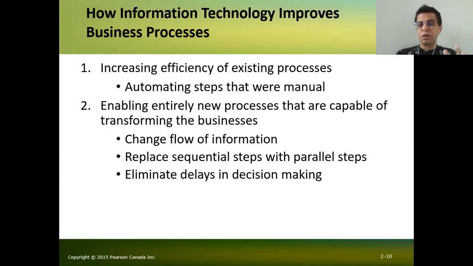When we use the technology, we will increase the efficiency of existing processes because the information will be moving smoothly. There will be automation of steps that were done manually and are now done electronically. It also enables entirely new processes capable of transforming the business, like changing the flow of information, replacing sequential steps with parallel steps, and eliminating delays in decision making.